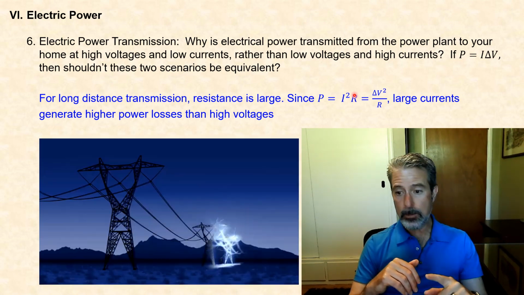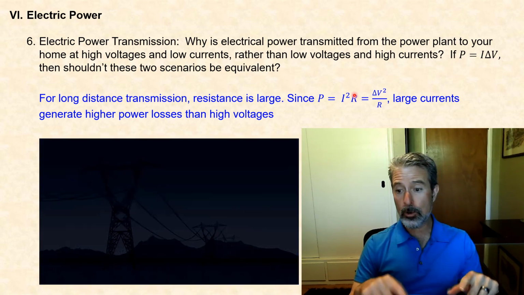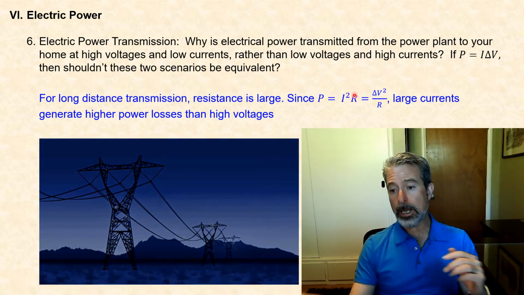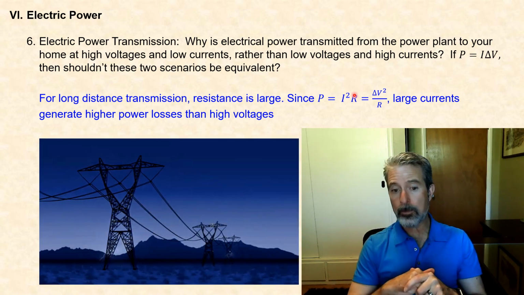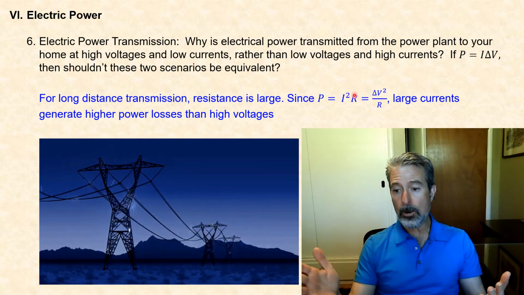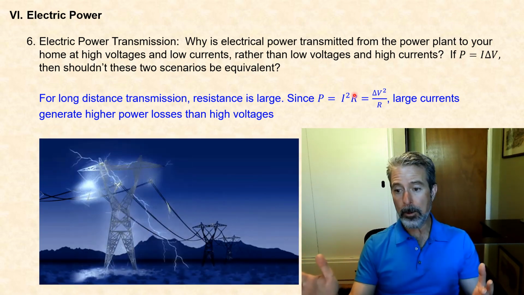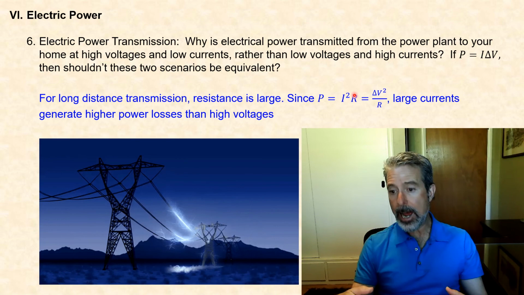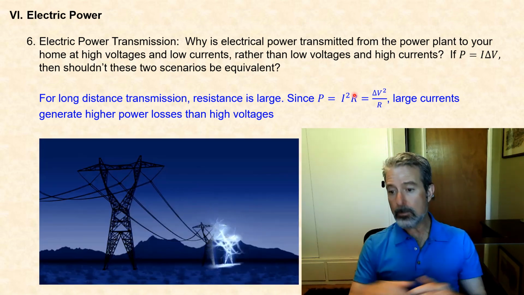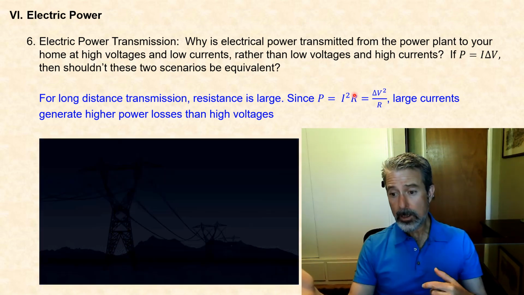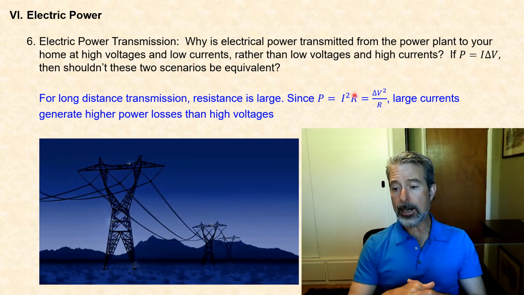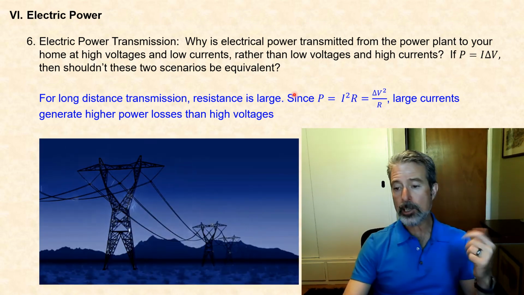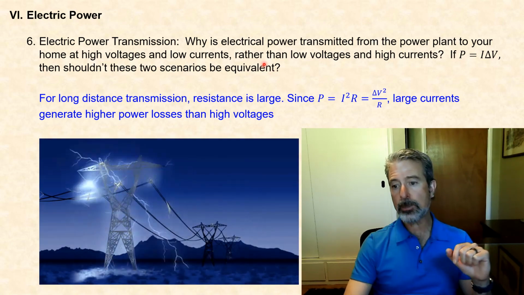It is transmitted at that high voltage, low current from the power plant to the many kilometers away where the residences are, and then via a transformer that voltage is stepped down, so the voltage will go down, the current will go up, and we have avoided the huge I squared R power losses in the transmission process.